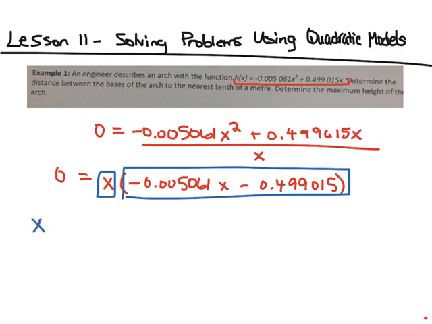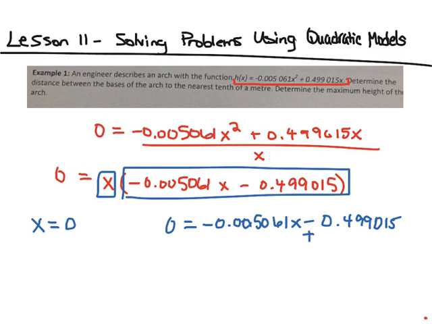So x could either equal 0, or x could equal negative 0.005061, or 0 could equal negative 0.499015.